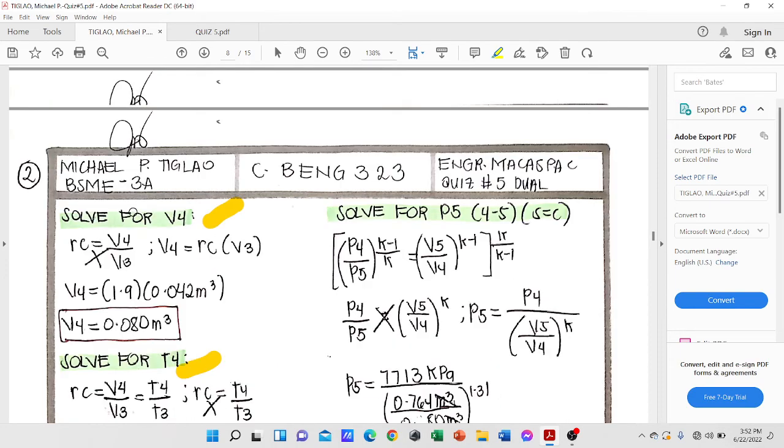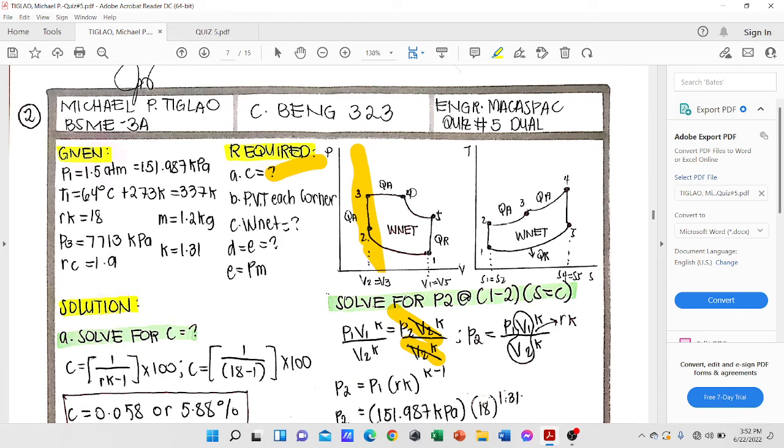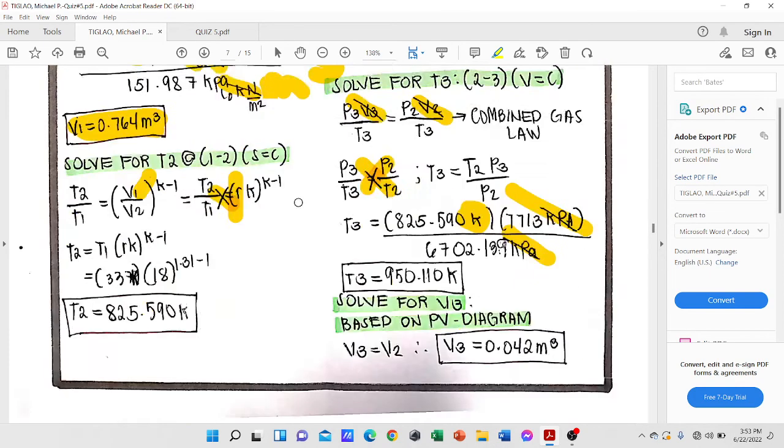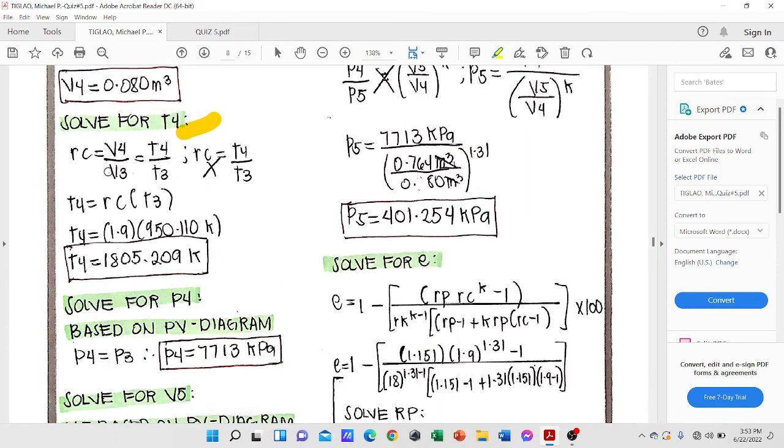Makikita natin dito, magbe-base tayo sa PV diagram. Bali dito constant pressure. So, makakancel yung pressure kaya pwede nating makuha.